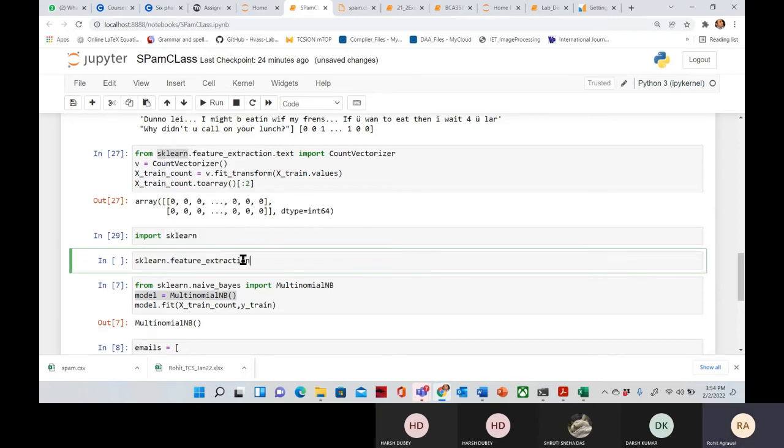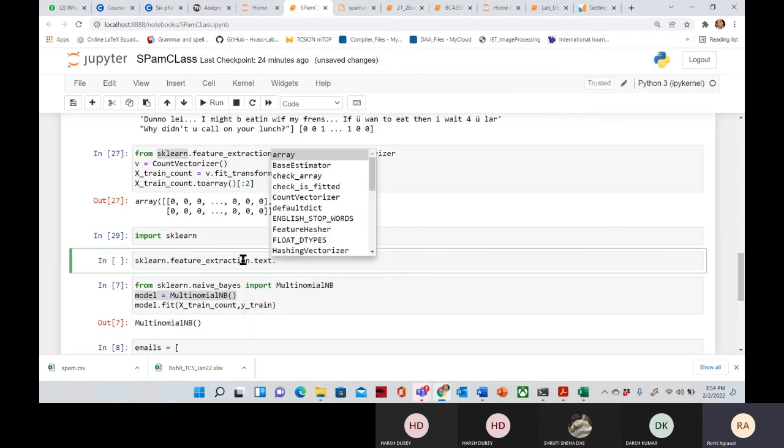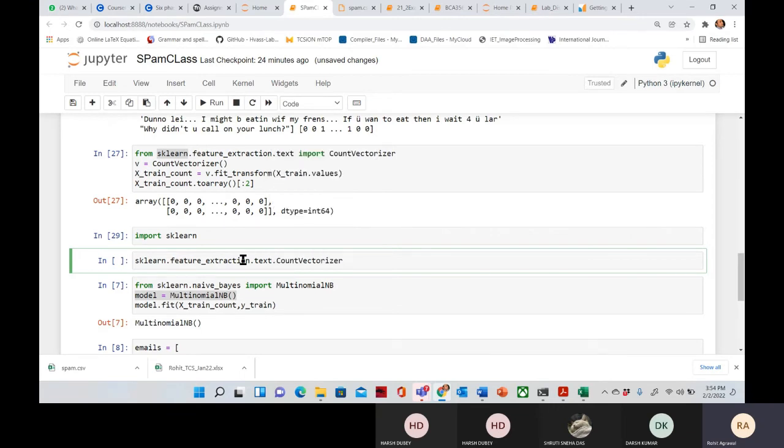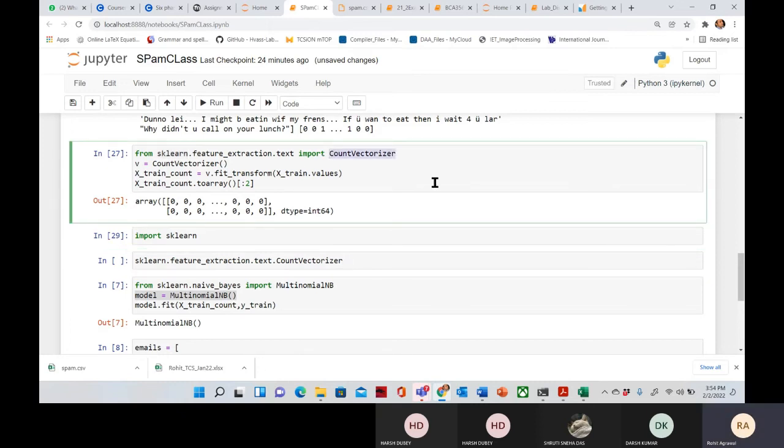From feature extractor, we will have this text. Inside the text, we will have CountVectorizer. You can see here, this is the whole thing. So we have just imported this one, CountVectorizer.